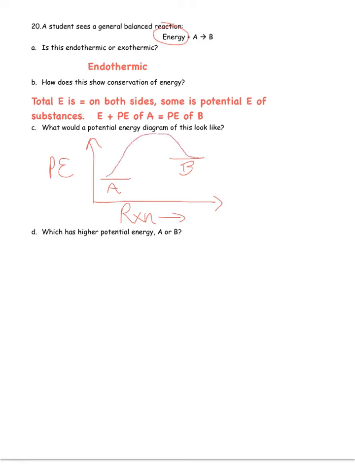Always have a hill showing that activation energy that's required. And then finally, quite clearly, we can see from our potential energy diagram that B has the higher potential energy than A. Again, because we put energy into that endothermic reaction to make it occur.